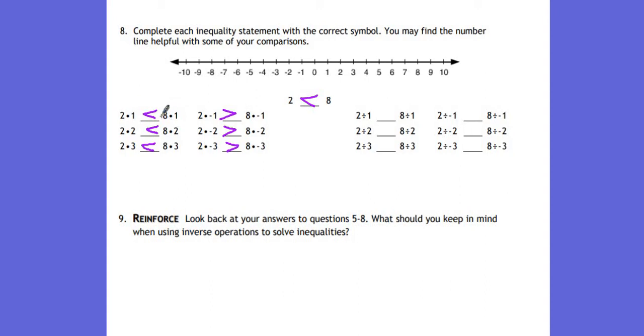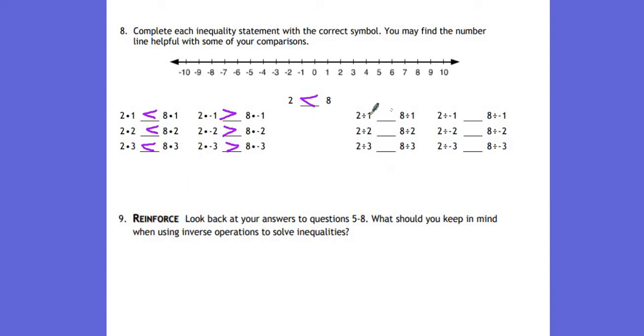So from a positive 1 being used to a negative 1 being used, what happened? It switched. It flipped, right? What about positive 2 to a negative 2? Flipped. Positive 3 to a negative 3. So it seems that it's flipping.